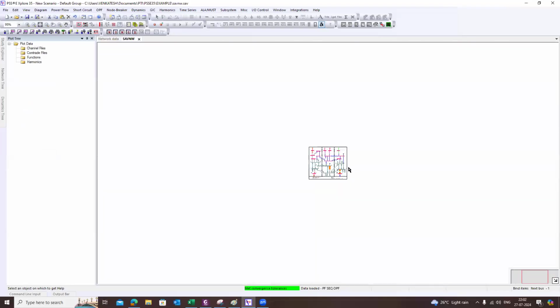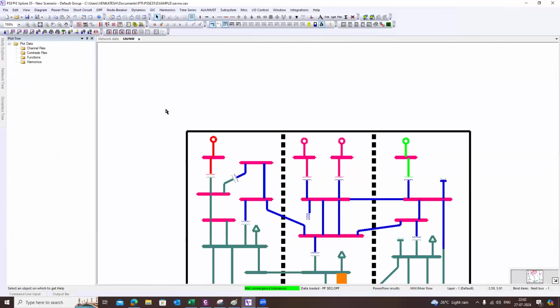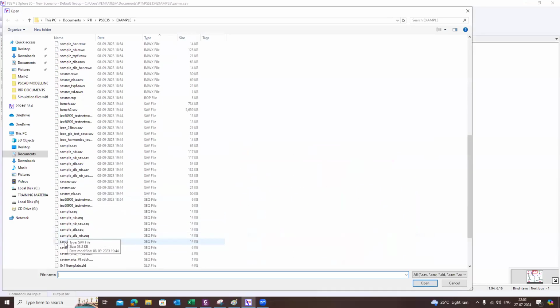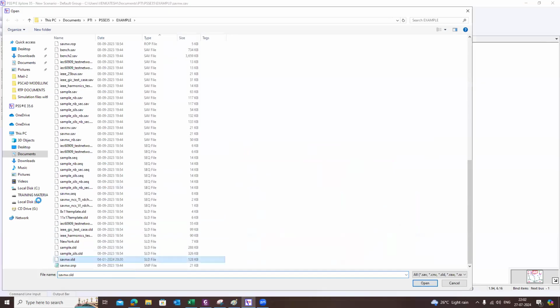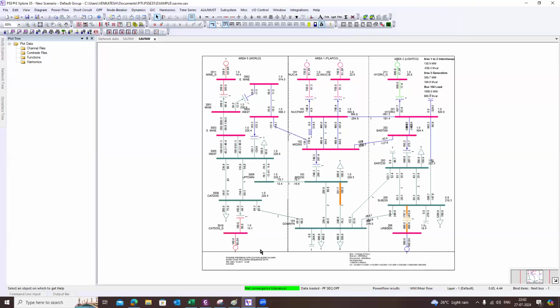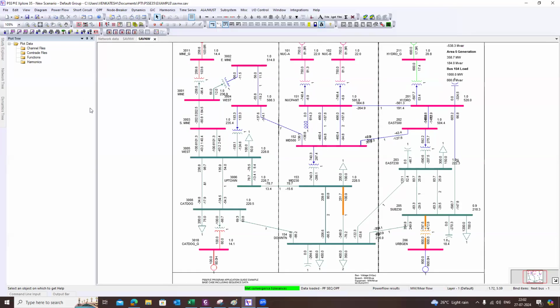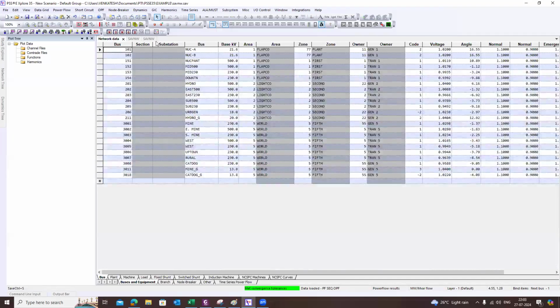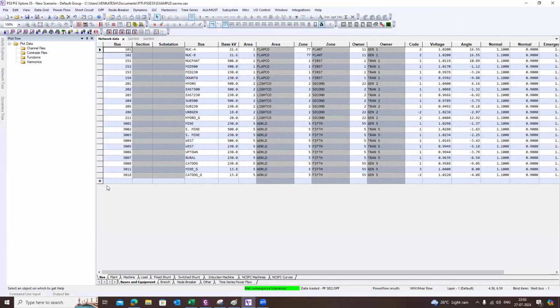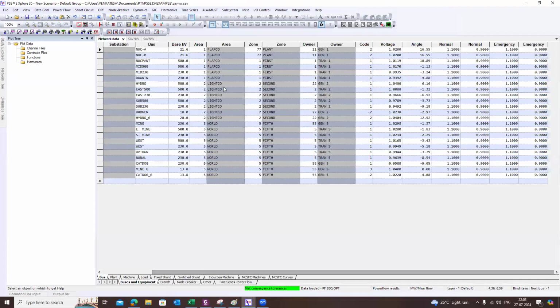Let me open it once again. So it will be like this. So here the greatest advantage is ETAP will give you this in this format, right? Whereas in the PSSC, you don't need to create all these things. You can just enter the data in the Excel. Just copy this data and put it in the Excel, and you can simply add here and run the convergence. So no need to create the single line diagrams and all.